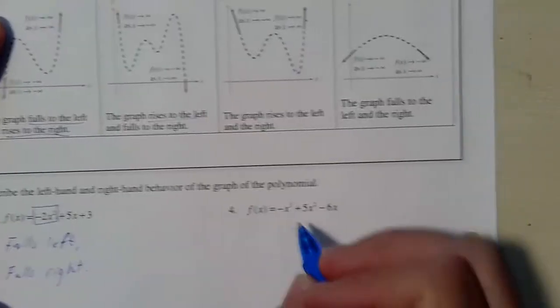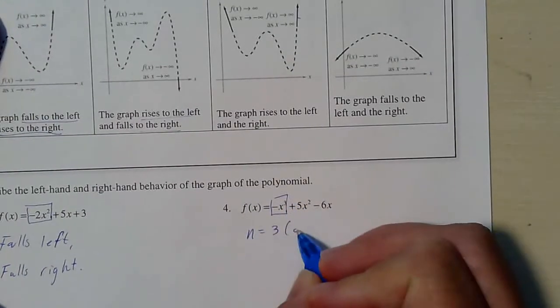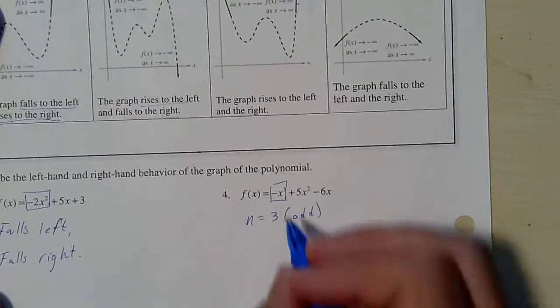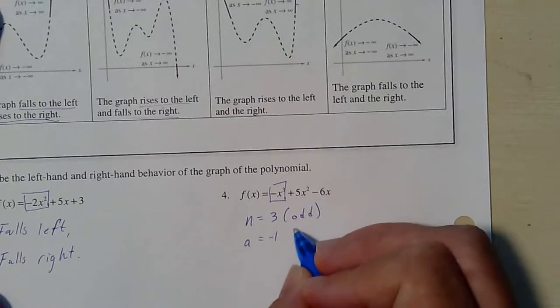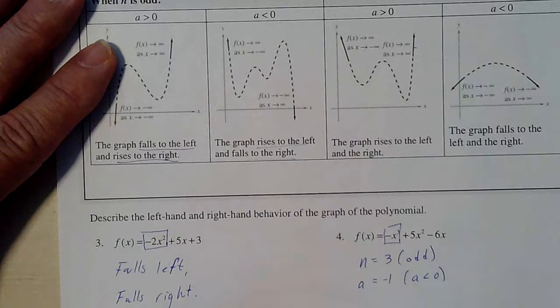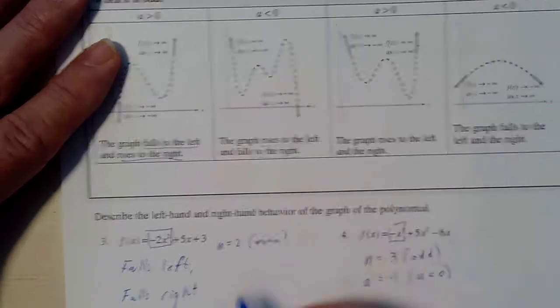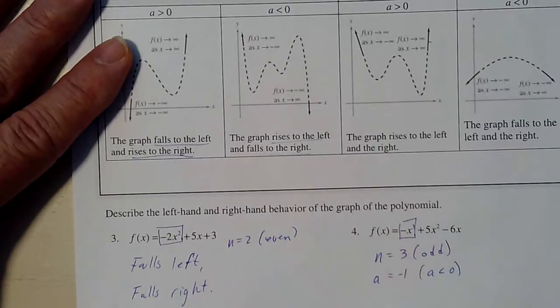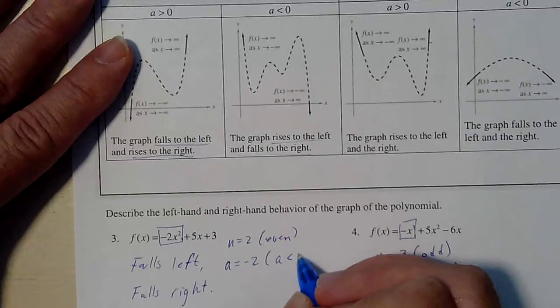All right, maybe I should be more specific about this too. Right now, we have n equals 3, so it's odd. And a is negative, right? A equals negative 1, so a is less than 0. Okay, back here, we had n equals 2, even exponent, and the a value was negative 2, which is negative, so a was less than 0.